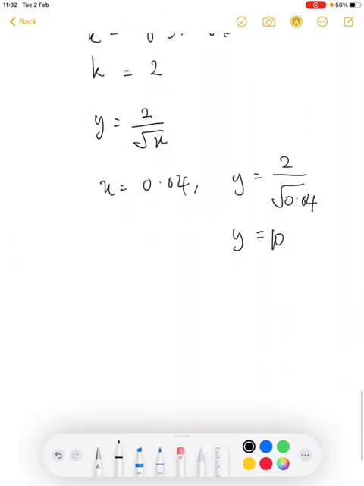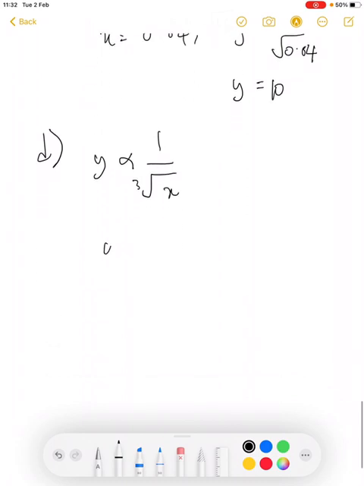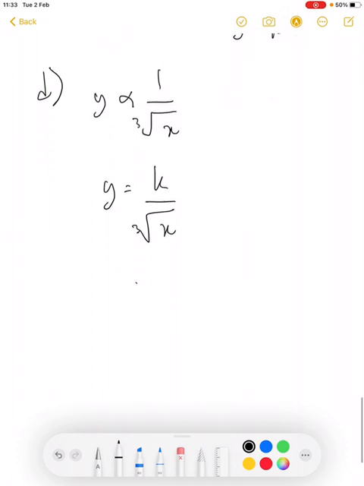Okay, last one, D, y varies inversely as the cube root of x. First find the k. k equals 0.5 times the cube root of 16. k equals 1.26.